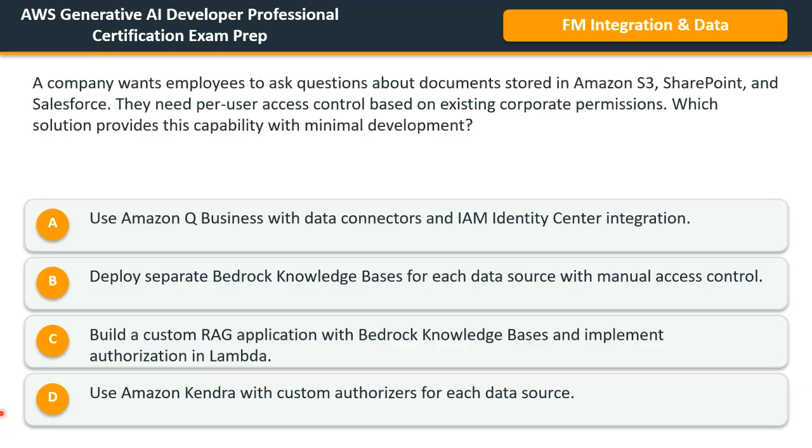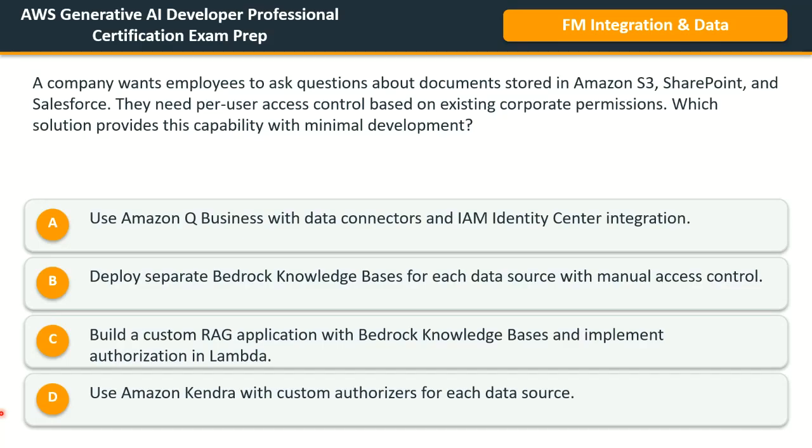Q Business has managed connectors for S3, SharePoint, Salesforce, and more. Q Business integrates with IAM Identity Center and automatically respects source system permissions. So users only get answers from documents they are allowed to see. That's why A is the correct answer.